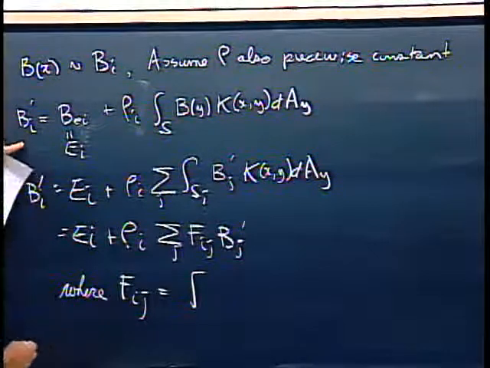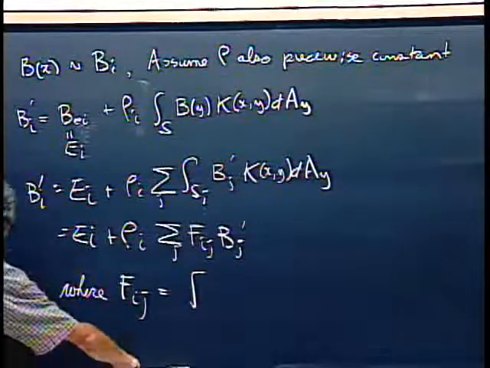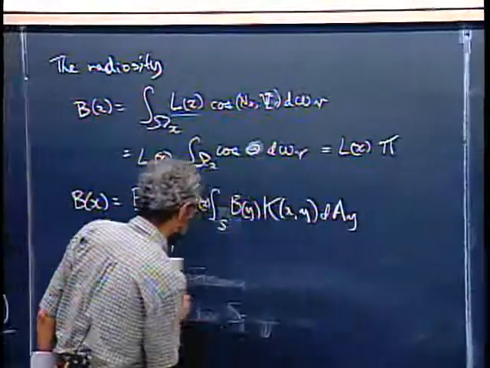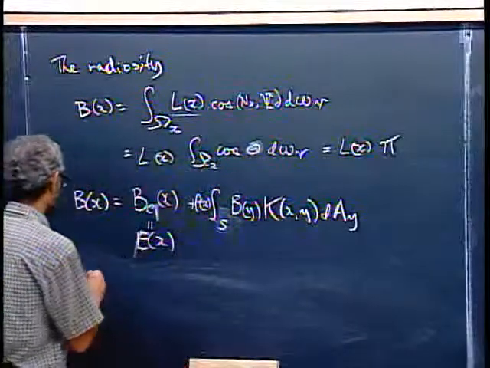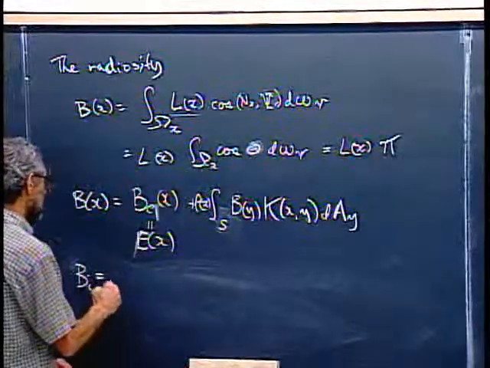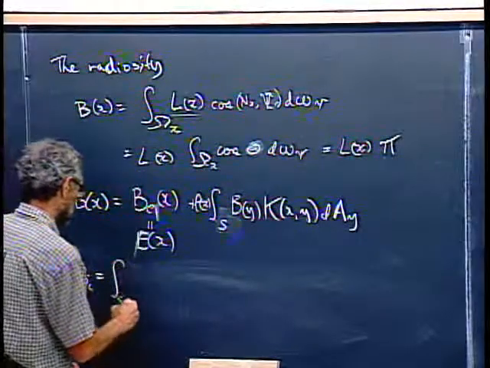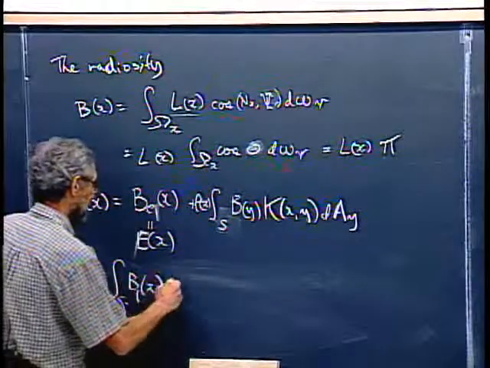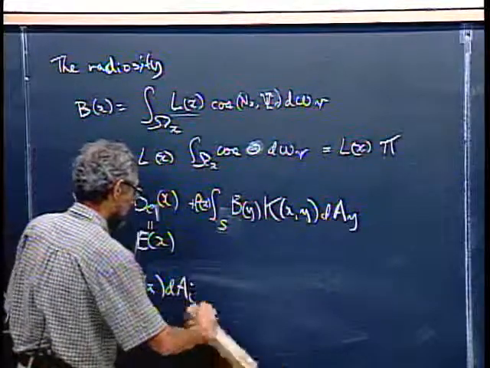So I missed a step here. What I want to say is, let me put it under here, because I think I've gotten things a little messed up compared to my notes, by reading without writing on the board and without reading my notes. What we want to describe is that Bi is the average radiosity over the patch. So that's the integral over patch Si of B of x dAx.